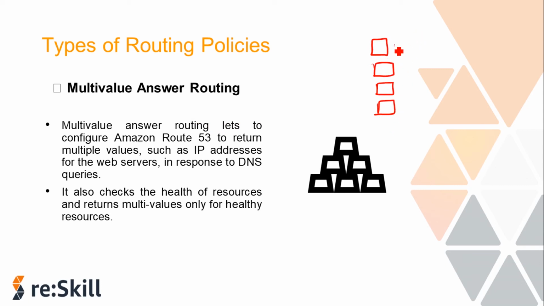If they all are healthy and a request comes in, it will route the request randomly, maybe first time to the first server, second time to the fourth server, third time to the second server, and fourth time to this one. It is just random, not fixed. It will send the request to any of the servers randomly. There can be up to 8 healthy records.